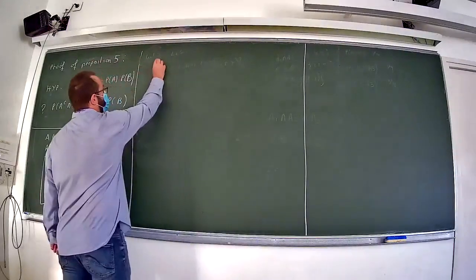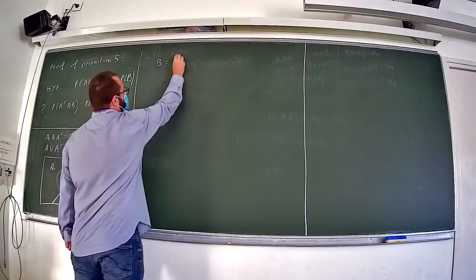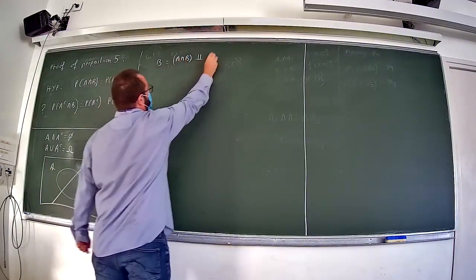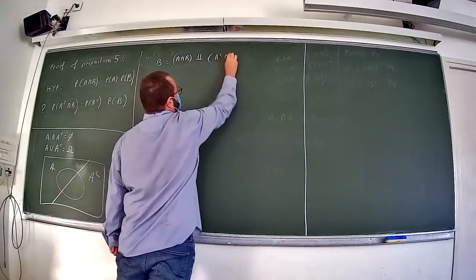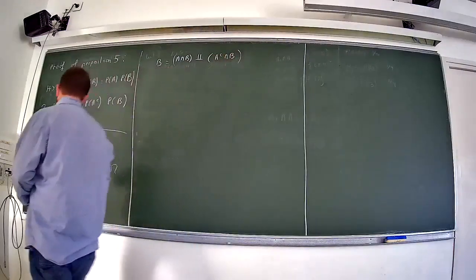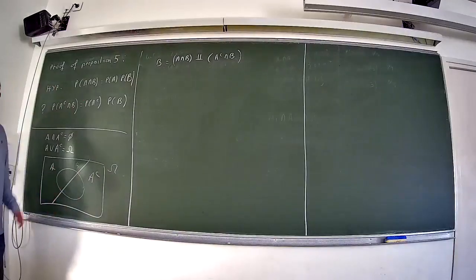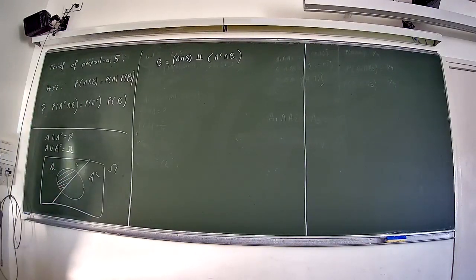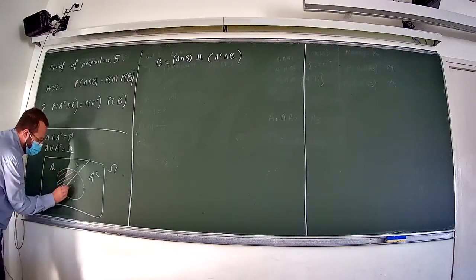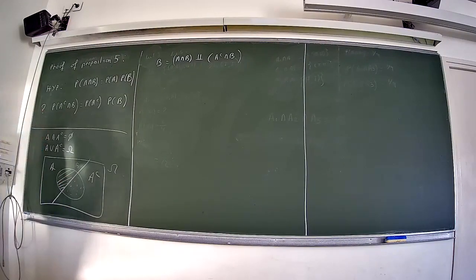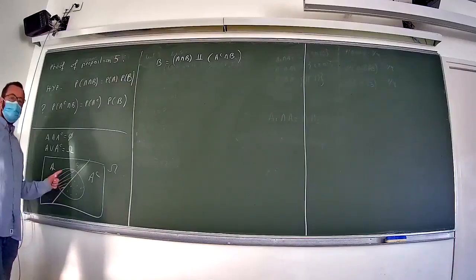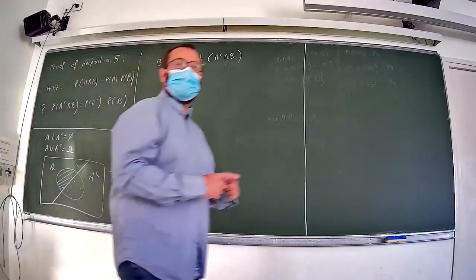I can say that B is equal to A intersected with B, disjoint union with A complementary intersected with B. And what is the meaning of this one? It just means that you can separate B in two parts: this one, that is A intersected with B, and this one, that is B intersected with A complementary. And if you do the union of the two, you recover the whole B, and the two parts have an intersection equal to the empty set.